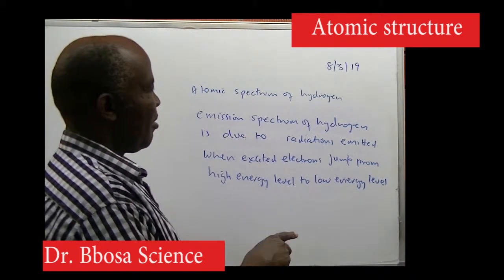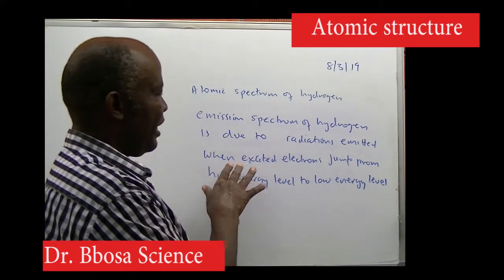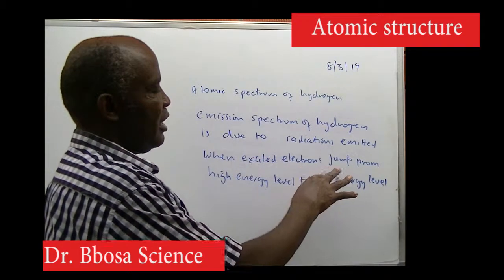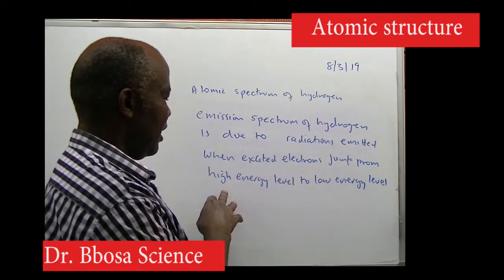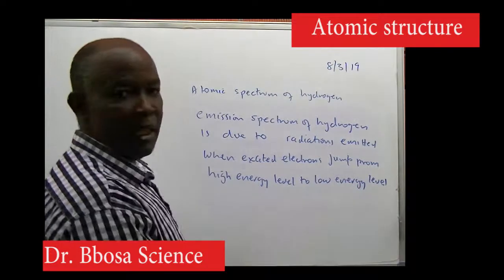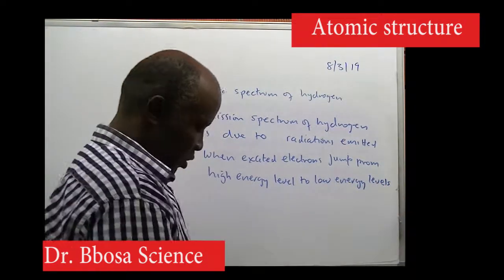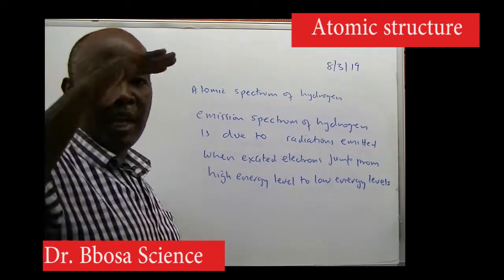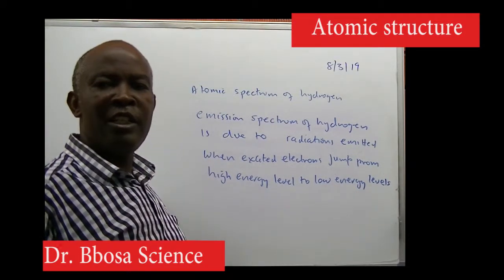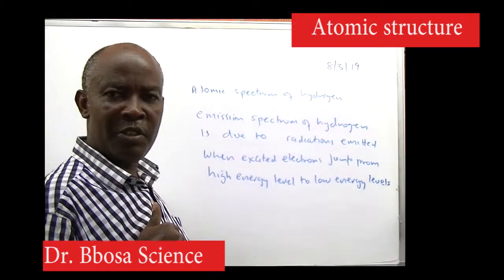The emission spectrum of hydrogen is due to radiation emitted when excited electrons jump from a high energy level to lower energy levels. We saw that when an electron jumps from a higher energy level to a lower energy level, it emits energy in the form of radiation.